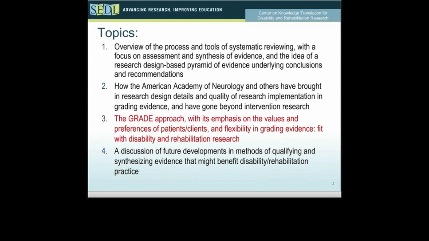This is session 3 out of 4, as Joanne mentioned, focusing on grade, and we pretty much will spend the entire up to an hour and a half looking at what grade is, how it differs from what we looked at before, and where it might fit in with efforts to determine evidence for disability and rehabilitation researchers.